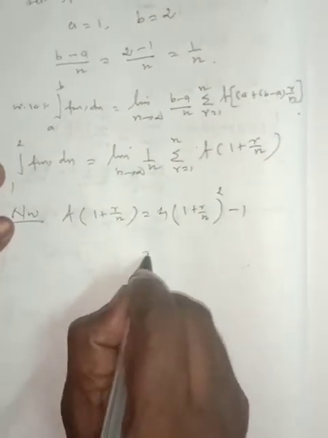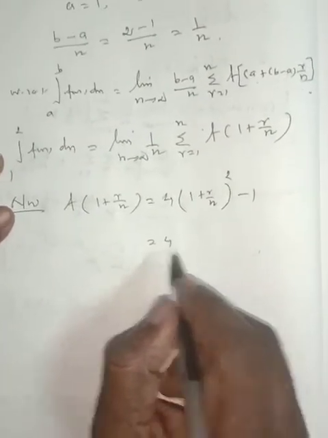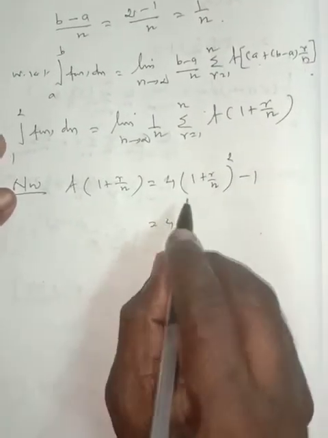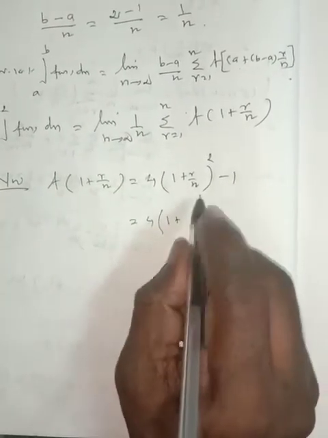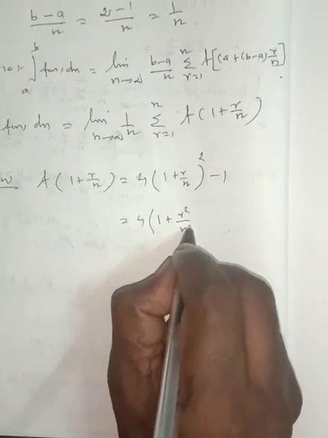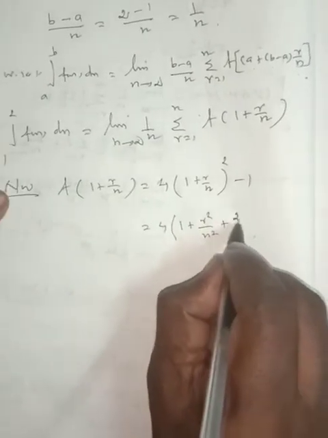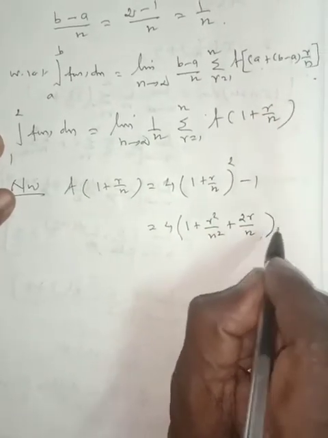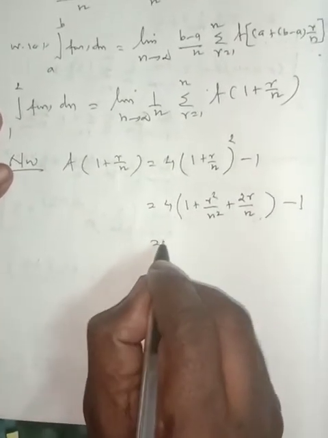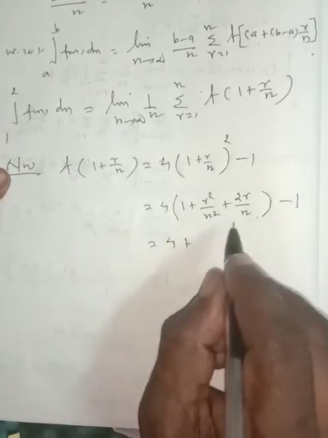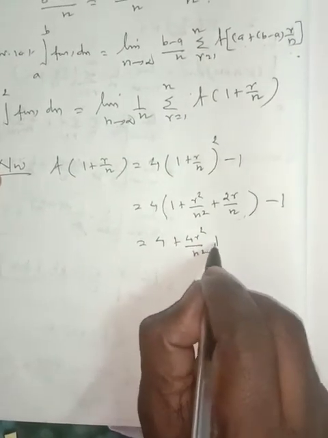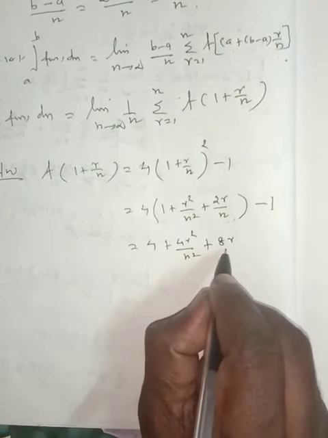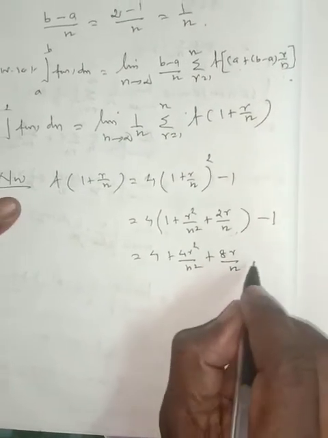Using a plus b whole square equals a square plus b square plus 2ab, this is 4 into (1 plus r square by n square plus 2r by n) minus 1, which is 4 plus 4r square by n square plus 8r by n minus 1.